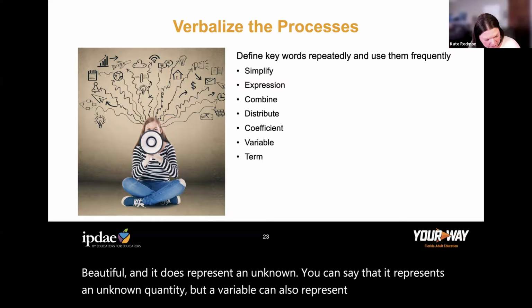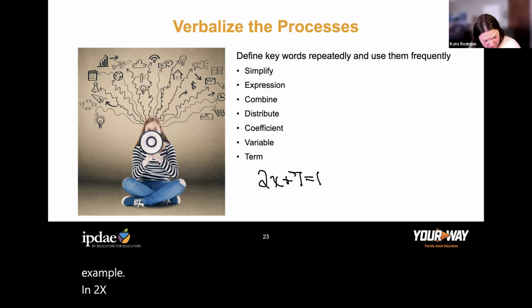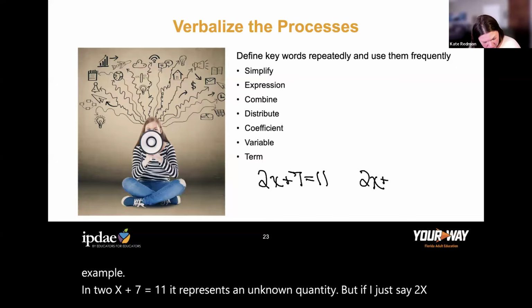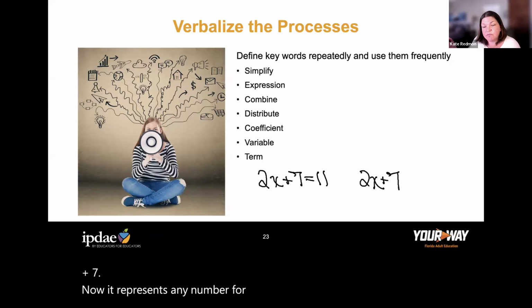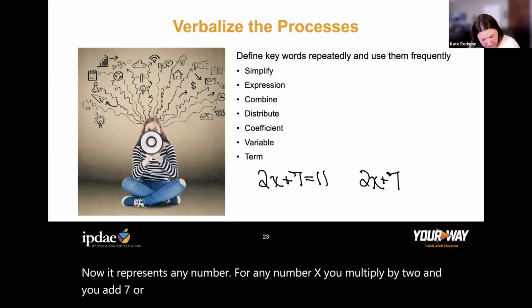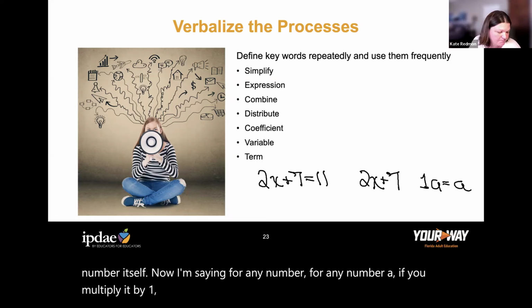So for example, in 2x plus 7 equals 11, it represents an unknown quantity. But if I just say 2x plus 7, now it represents any number. For any number x, you multiply by 2 and you add 7. Or if I write something like this, 1 times a number is the number itself. Now I'm saying for any number a, if you multiply it by 1, you get the same number.